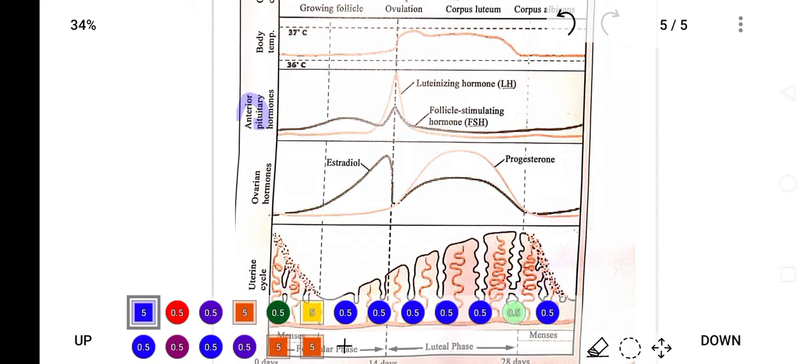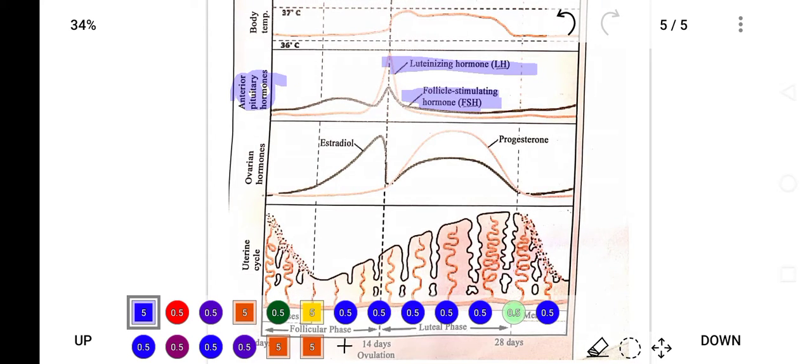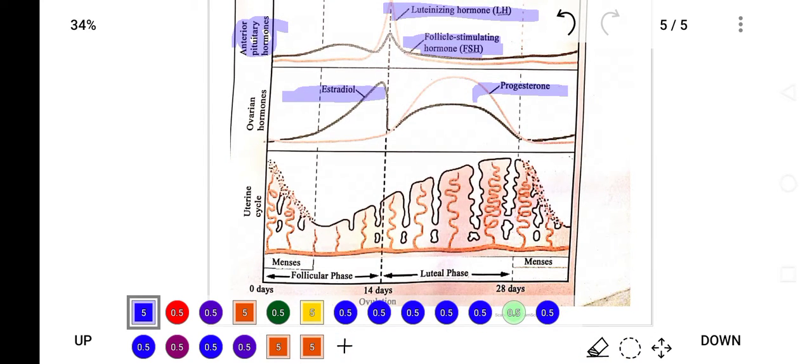The anterior pituitary hormones are LH and FSH. They are released from the anterior pituitary, act on the ovary, and stimulate the production of estradiol and progesterone. These help in the development of the dominant follicle, and that dominant follicle releases the ovum, and the remaining part is converted into the corpus luteum.